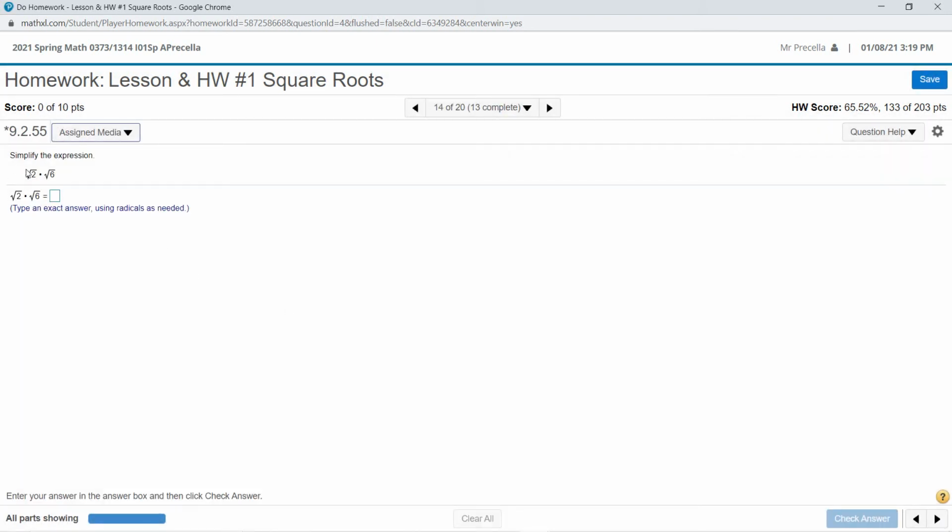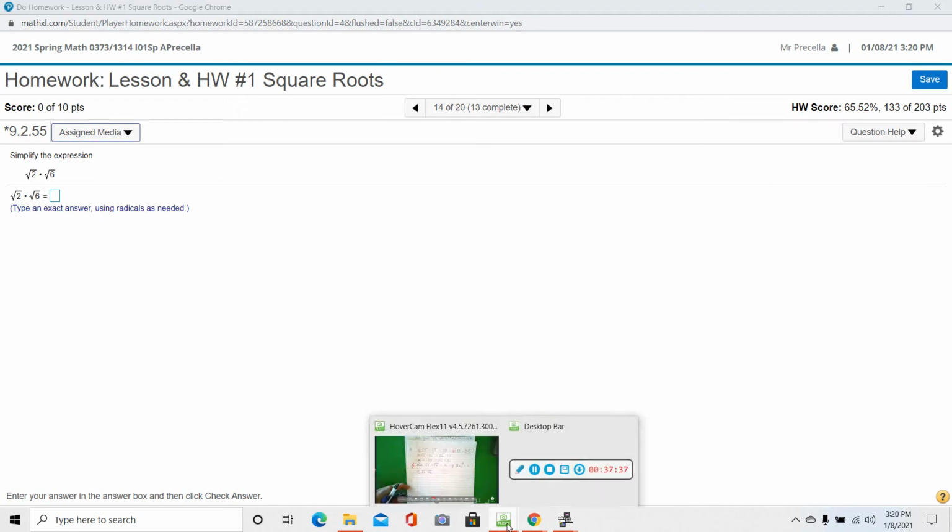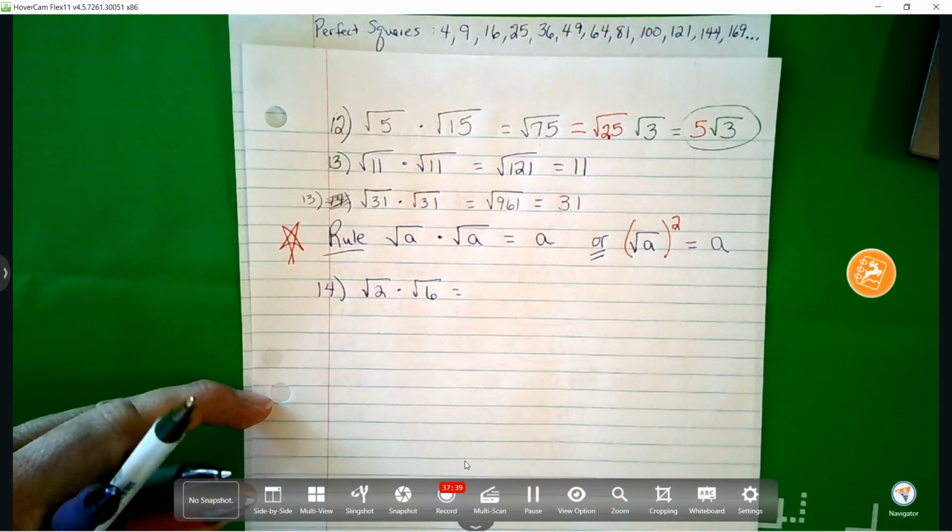Okay, well, the square root of 2 times the square root of 6. We can't use that little rule there. This is problem 14, and you write it down. Square root of 2 times the square root of 6.